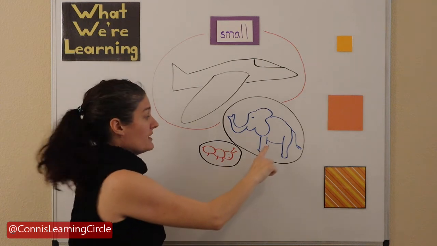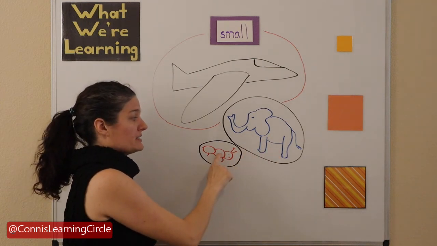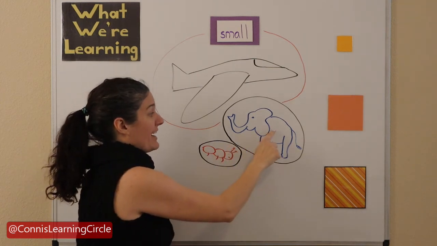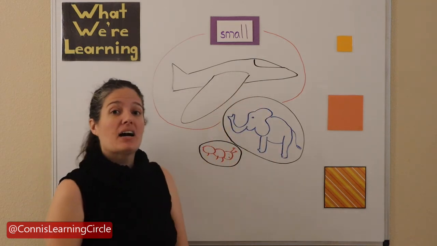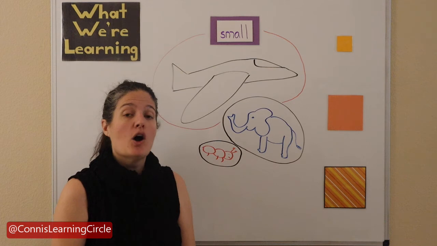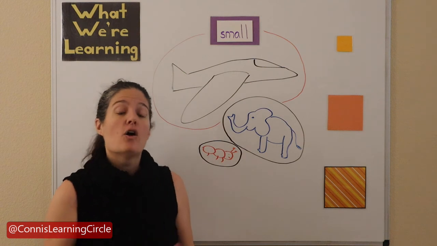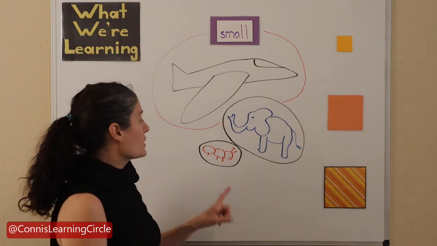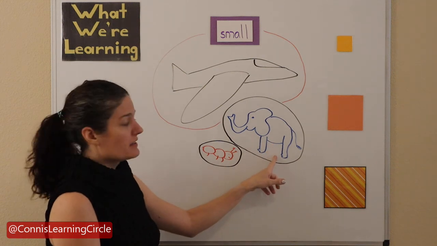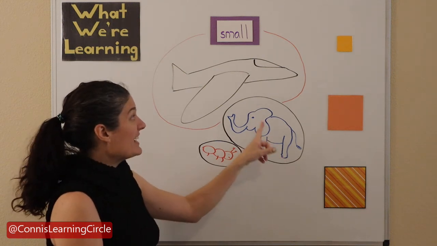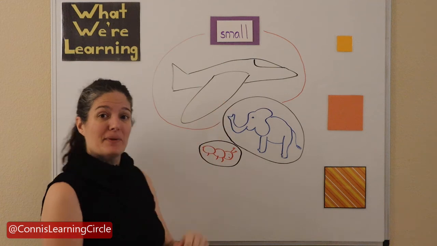So our elephant is big when we compare it to the ant, but our elephant is small when we compare it to the airplane, because we have to look at how much space something is taking up in order to know if it is bigger or smaller than something. So our ant is smaller than our elephant, and our elephant is smaller than our airplane.